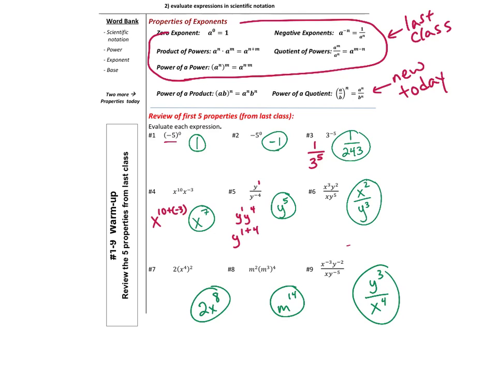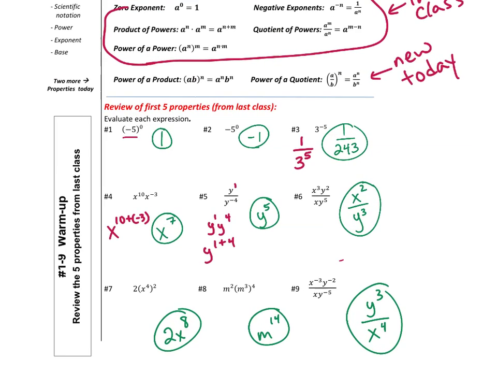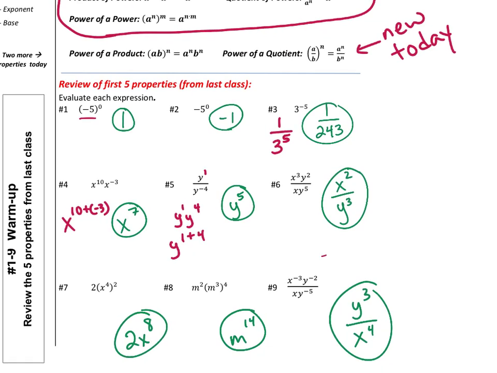All right, so here I've got x's that are divided and y's. What I notice is there's more x's on top. I have x to the 3rd. There's a higher exponent on top. So that's x to the 3rd on top. And the bottom, there's an invisible 1 there. That's x to the 1st power. So when I subtract the exponents there, I'm going to subtract on the top because the larger exponent is on the top.